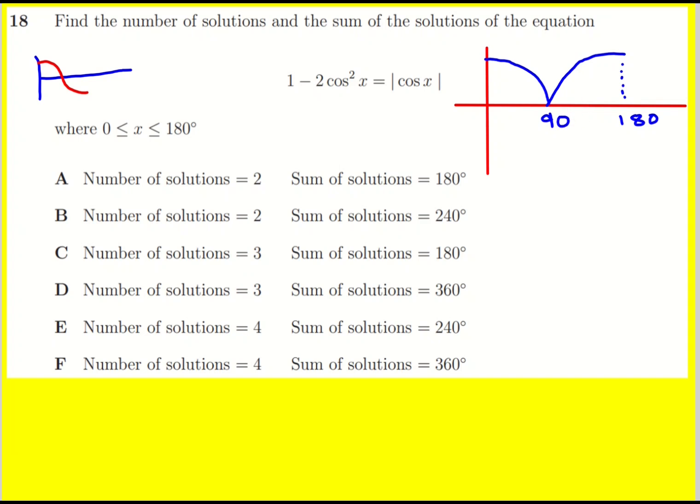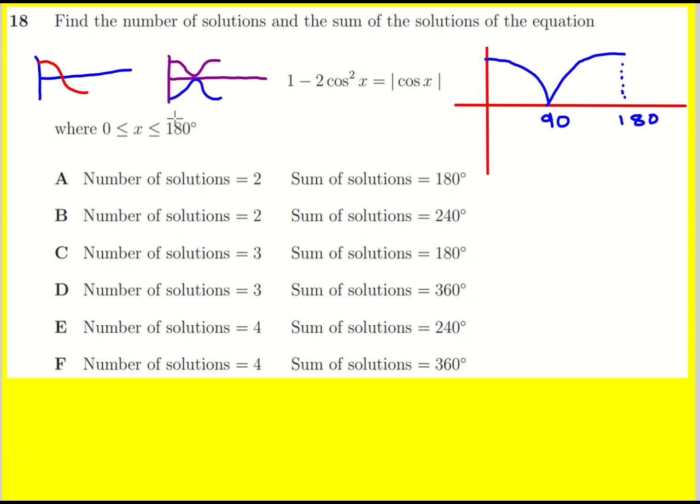Now, what is going to happen when we square? It's still going to hit the one. You're going to get a slightly different shape, but it is going to look a little bit like that, I think. And then if I make it negative, then it's just going to be like that again, but below the axis.